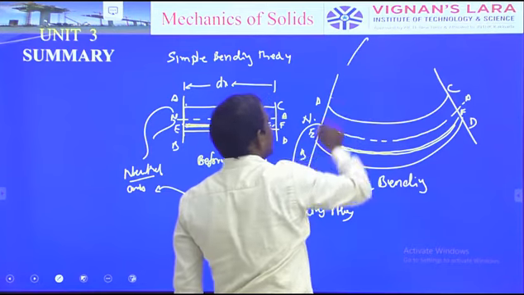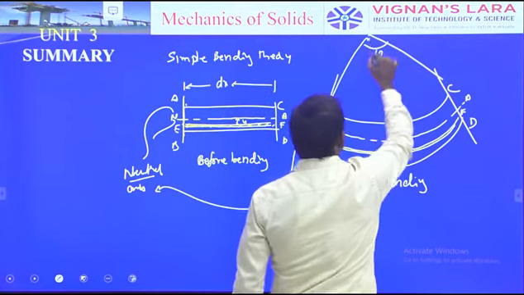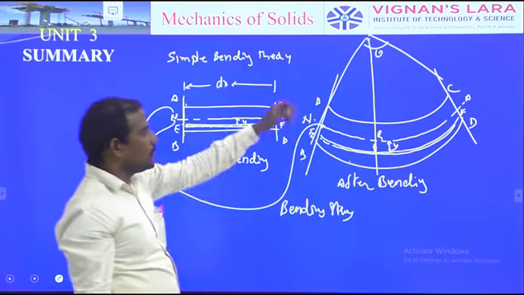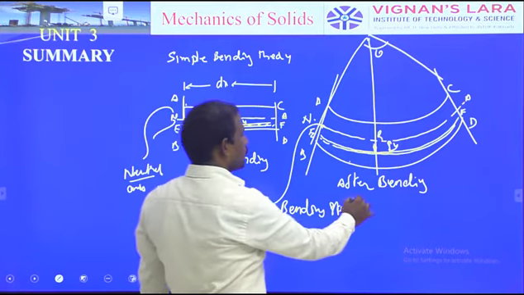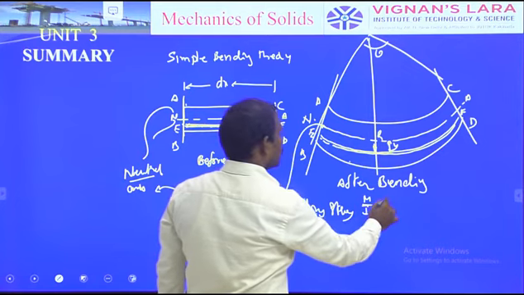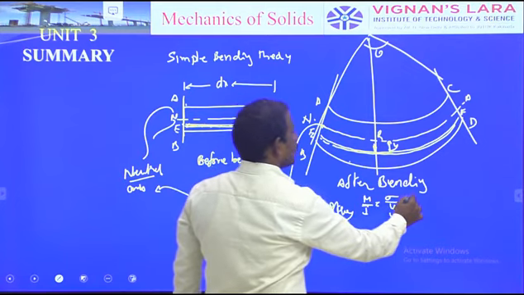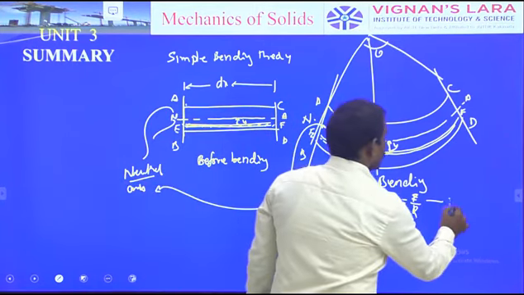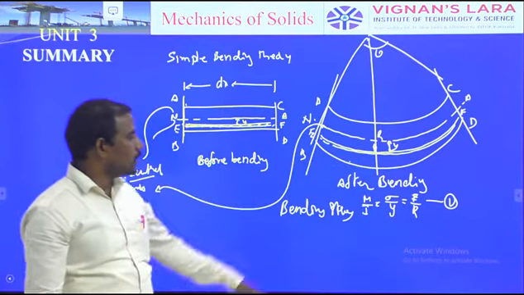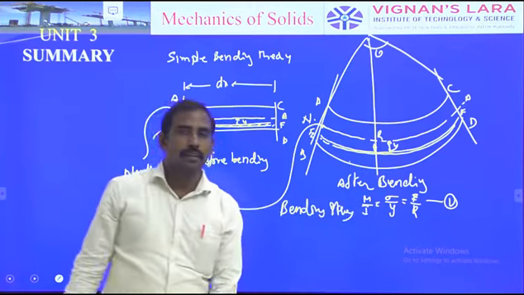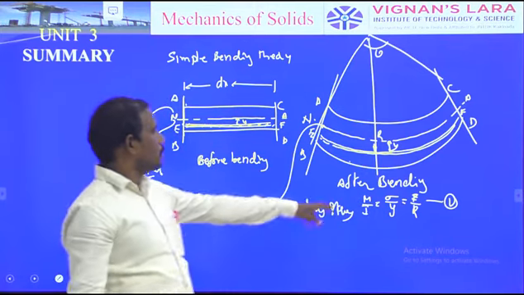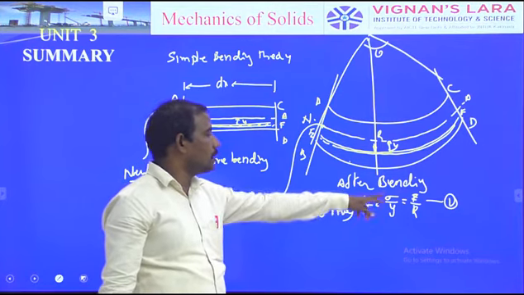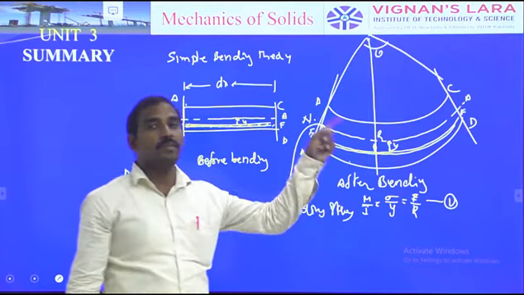For that, simply let us consider the geometry. This is theta. For example, this is R. This becomes Y. So from the geometry, finally we derived an expression: M by I is equal to sigma by Y is equal to E by R. So one equation is derived from the geometry, that is the relation between M by I, sigma by Y and E by R. Here M is the bending moment and I is the moment of inertia about the neutral axis.